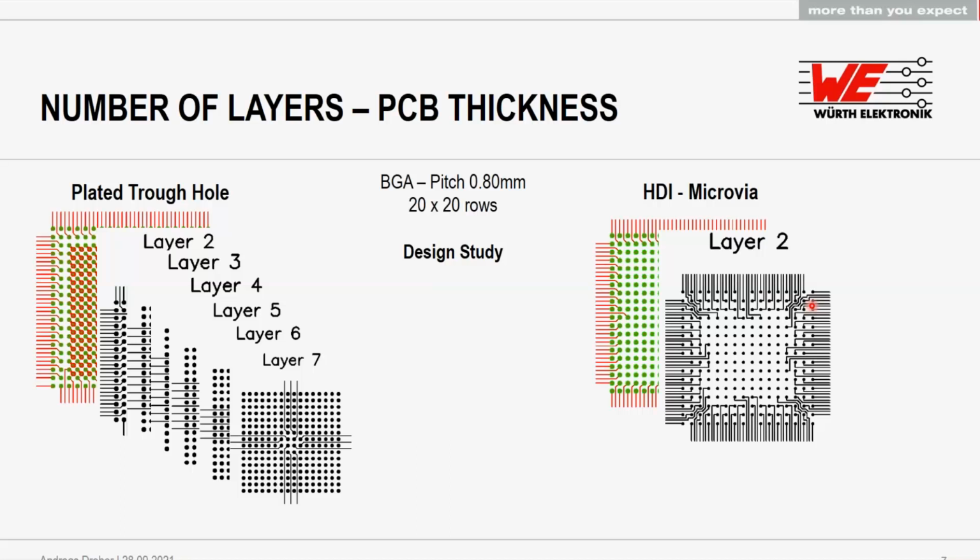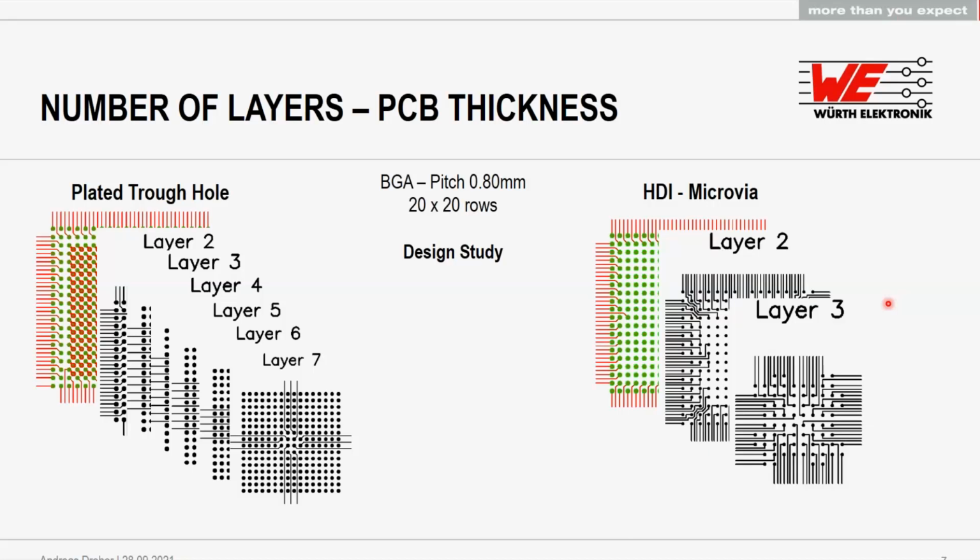The landing pads of the microvias are smaller. They have a 300 micron diameter, so we can now fit 2 traces between each pad and can fan out more rows on 1 layer. So in this example, on the 3rd layer, all pads can be fanned out.